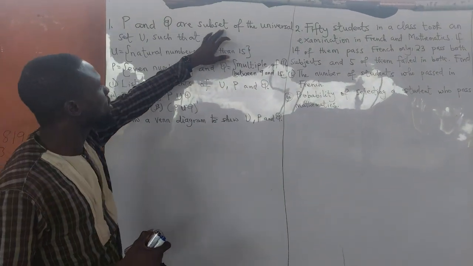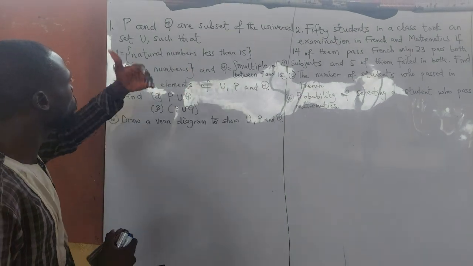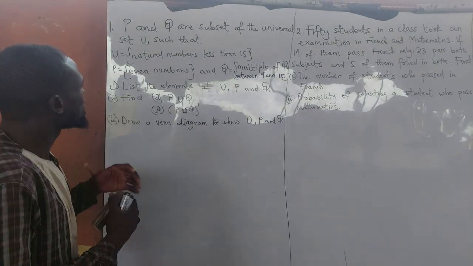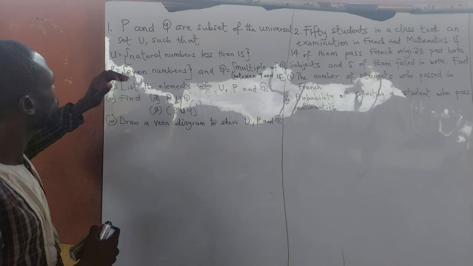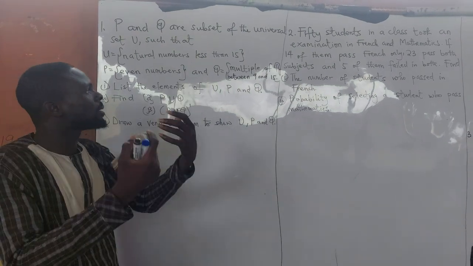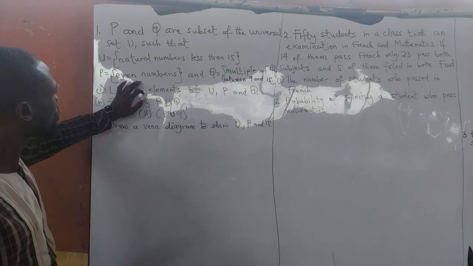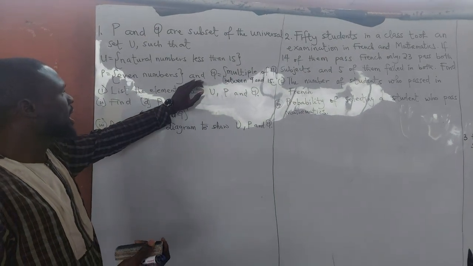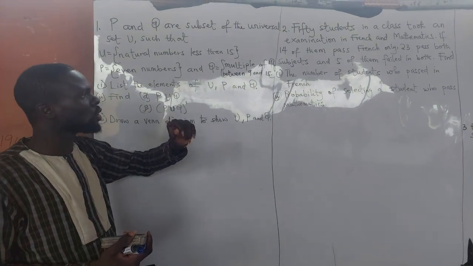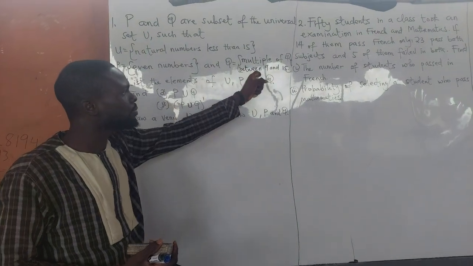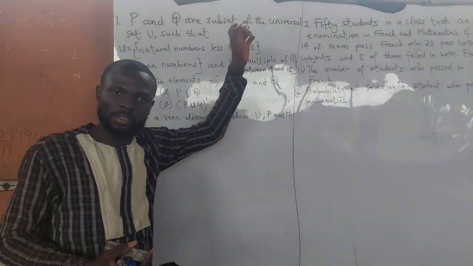P and Q are subsets of the universal set U, such that U is equal to natural numbers less than 15. P is equal to even numbers, and Q is equal to multiples of 4 between 9 and 15.